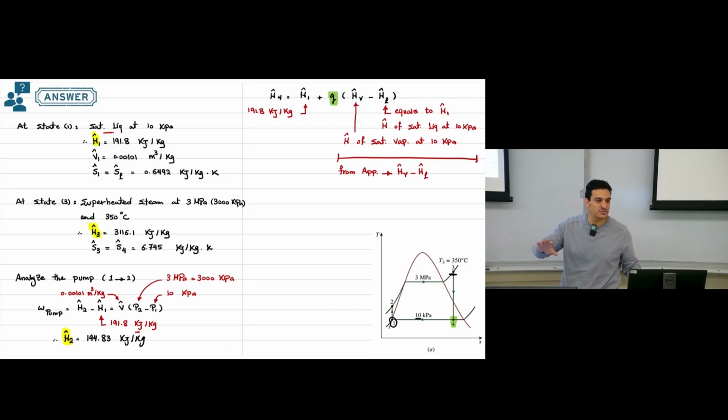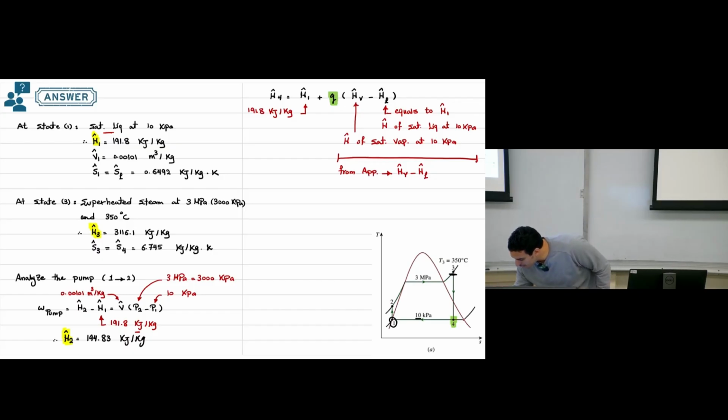Do you remember the difference between sensible and latent heat? Sensible heat, if you are adding or removing heat to the system, the result is temperature change. Latent heat, you are adding or removing heat and the result is phase change. No temperature change, no pressure change, and this is what we have here.